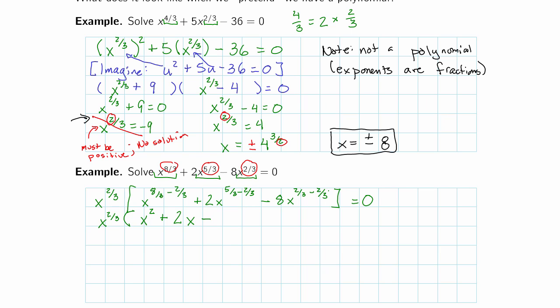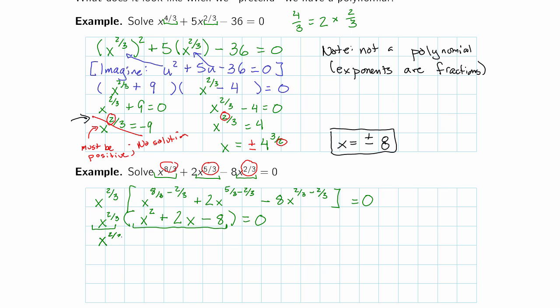And then 2/3 minus 2/3, that's 0. So that x cancels out entirely, and I've just got 8. So here I have this factor, which is x to the 2/3, okay. And then I have a polynomial factor, which I can factor further, right?